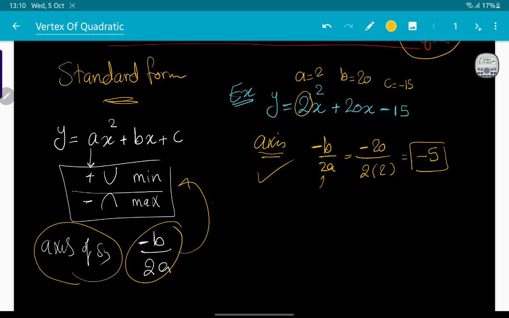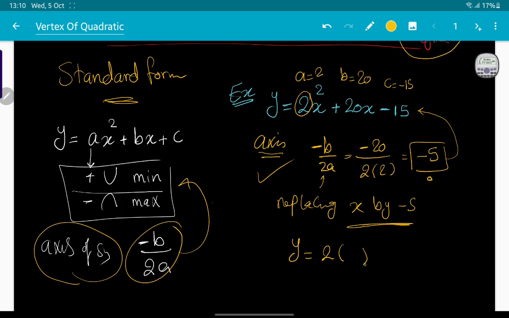I need you to use this part to find the minimum or the maximum. How? By substituting x by negative 5. Now y will be 2, open the bracket, negative 5 squared plus 20 times negative 5 minus 15.